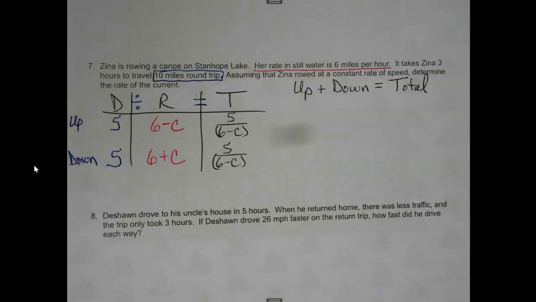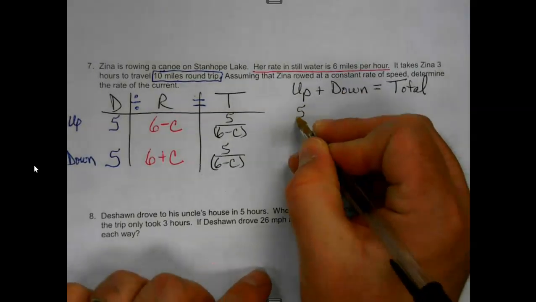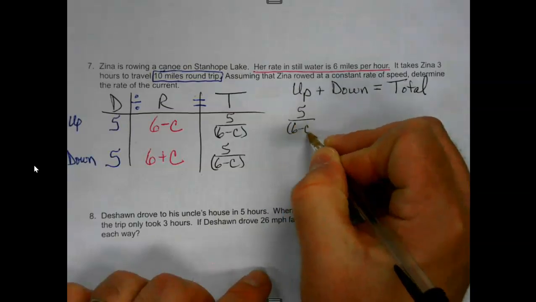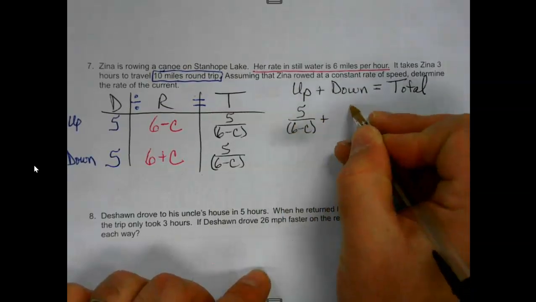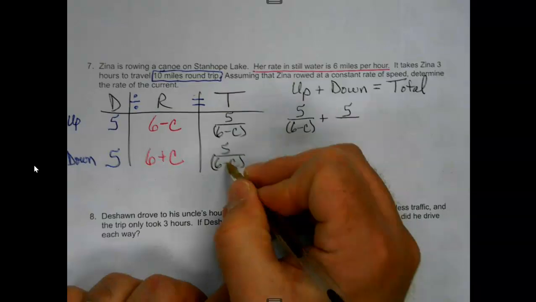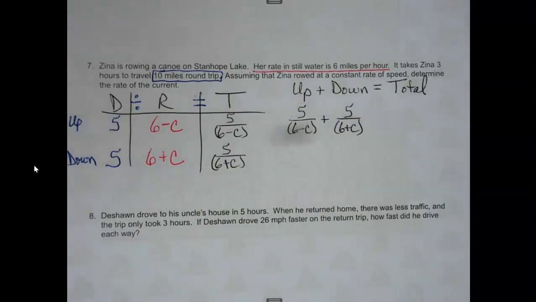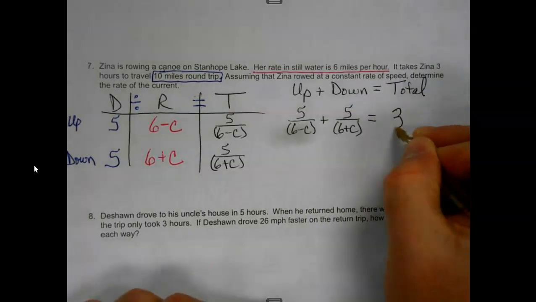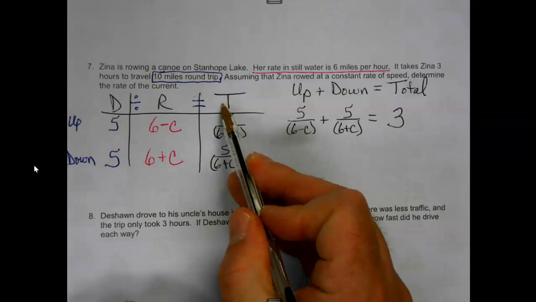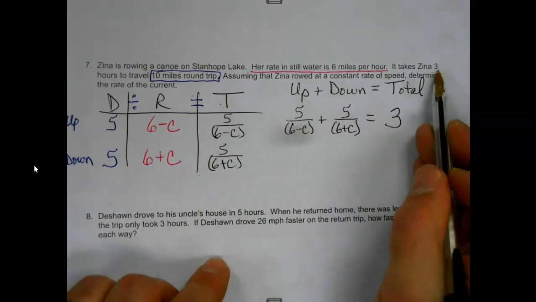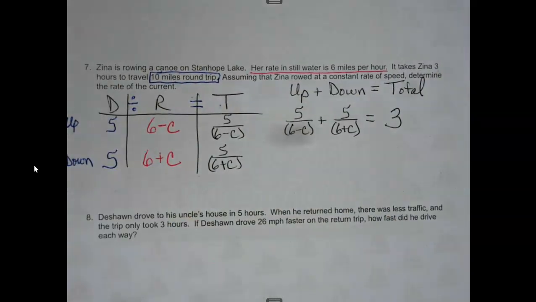That means my upstream equation, plus your downstream equation, equals your t. How long did I travel? I traveled 3 hours.